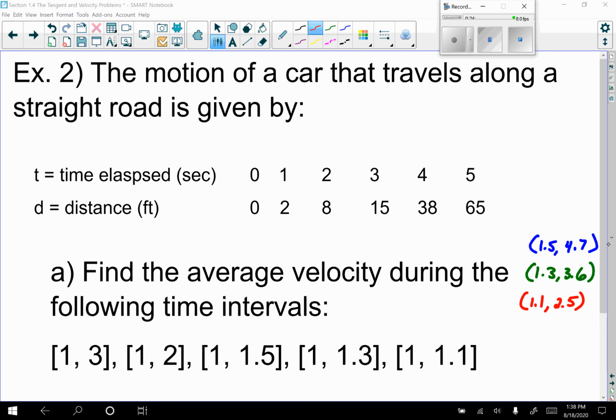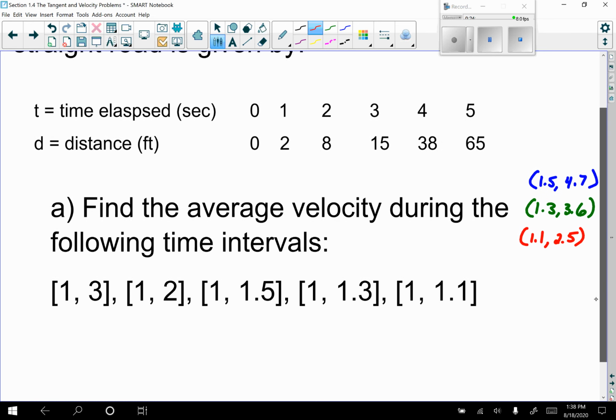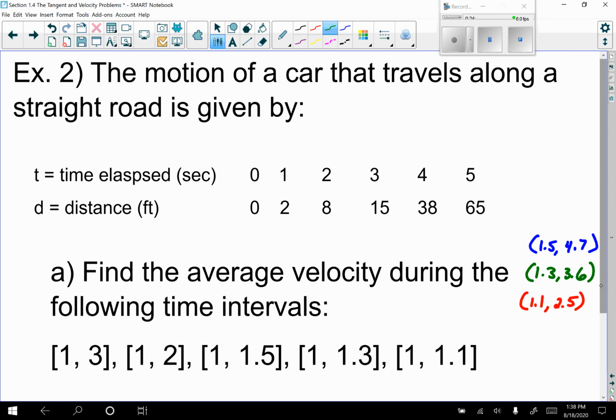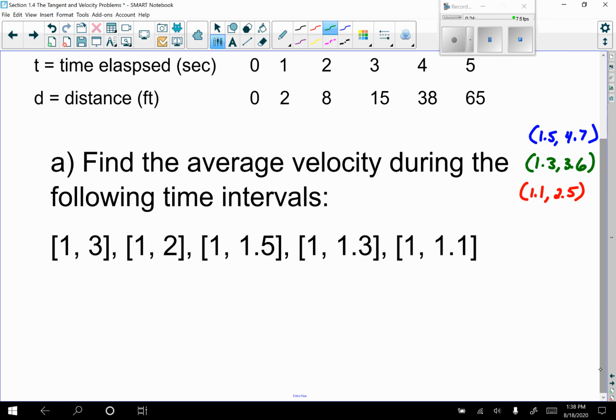So what we essentially have to do is find all of these slopes. We're first going to show, from our time interval of 1 to 3, the slope of our secant line. So I want to go up here to the y values, which is distance. These are like my f of t or d of t in this case.